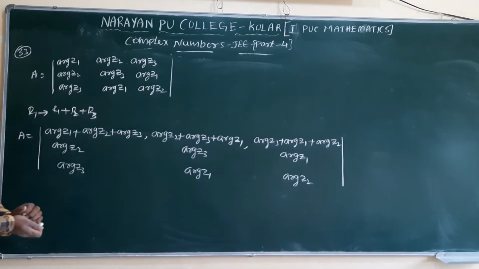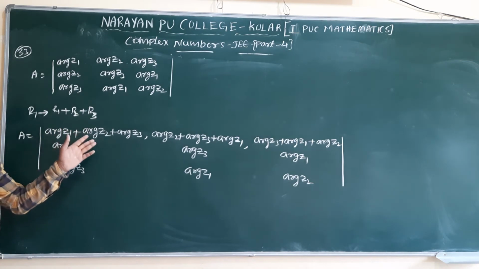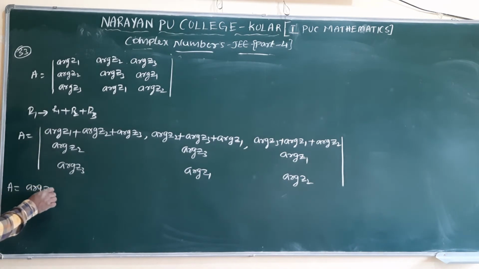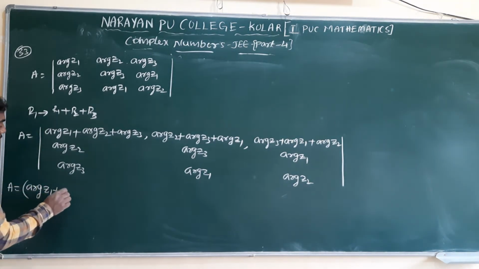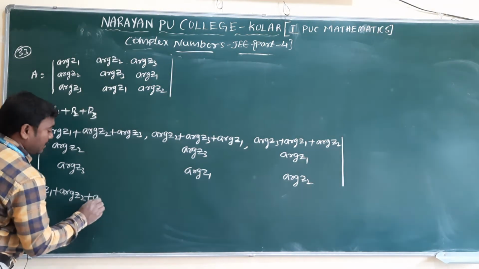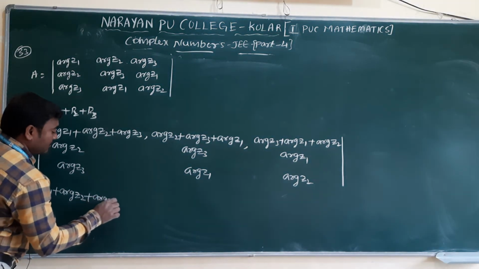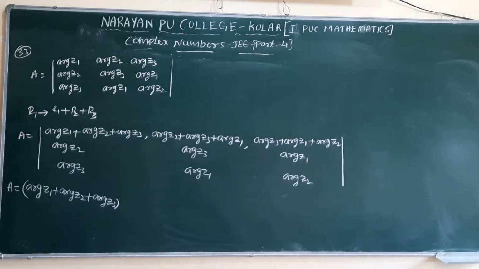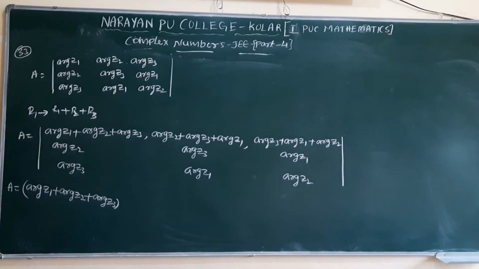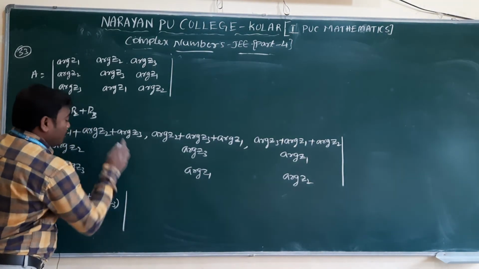So in the first row I have taken common argument of Z1 plus argument of Z2 plus argument of Z3, and remaining 1.